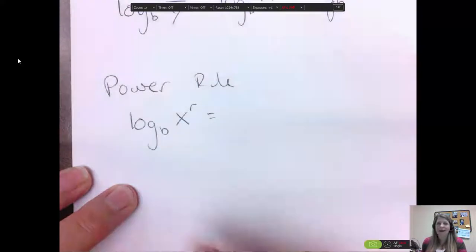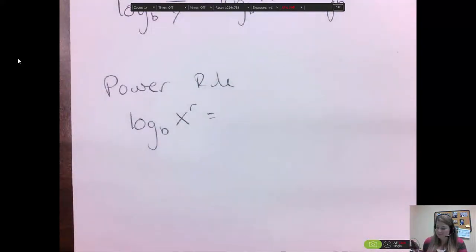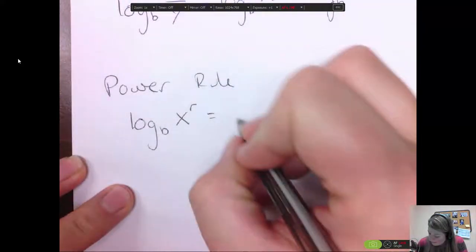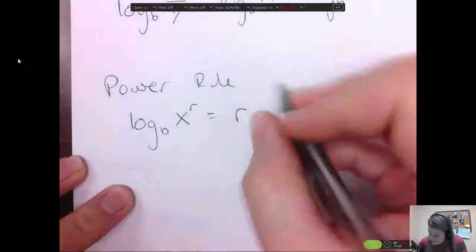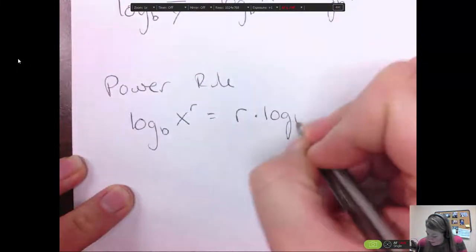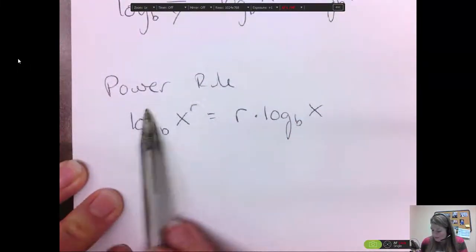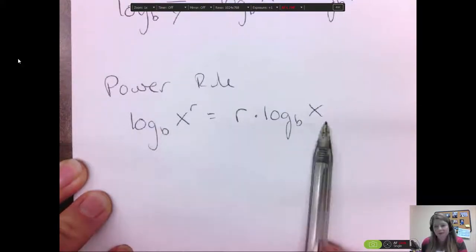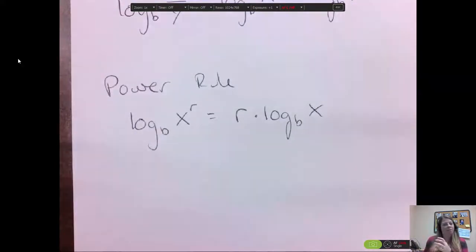So when we had a power to a power, we multiplied them together. Same kind of idea here, but we can bring that r down in front of log base b of x. So the power rule lets us bring a power or an exponent down and multiply it by our log.